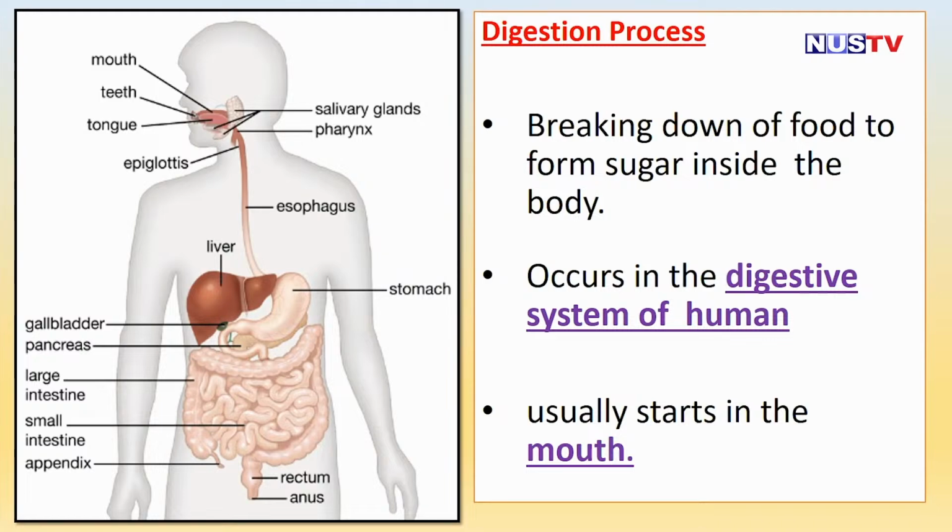Second, the digestion process occurs in the digestive system of humans, and it usually starts in the mouth. As you can see in the picture on this side, it is a picture of a human body with the digestive system inside.